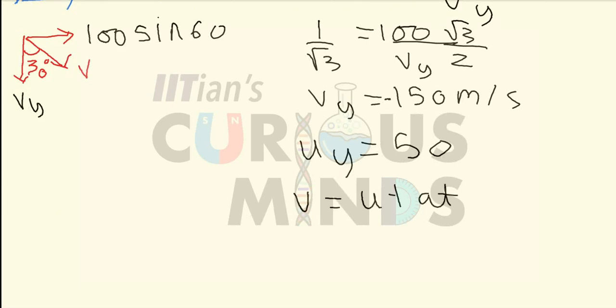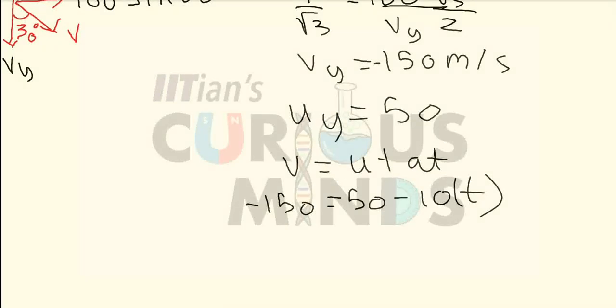Now v is equal to minus 150, initial velocity is equal to 50, acceleration over here is equal to minus 10, into time t. So basically 10 into t will be equal to 200. So time over here will be equal to 20 seconds. So after 20 seconds the velocity will be perpendicular to its original path.